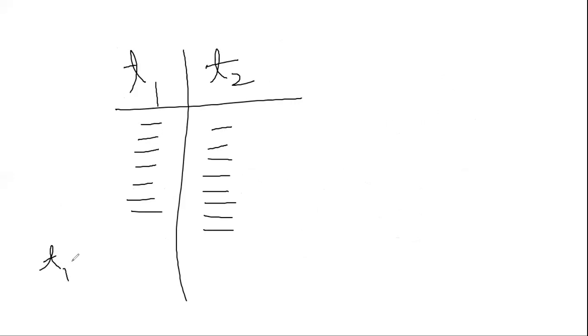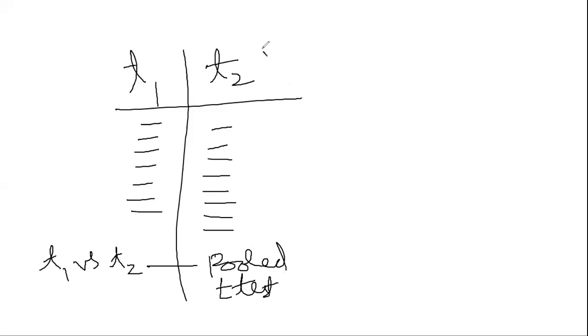Here I have observations, here I have further observations. If I want to compare T1 versus T2, these are independent samples, then I will go for the pooled t-test, right? Pooled t-test.